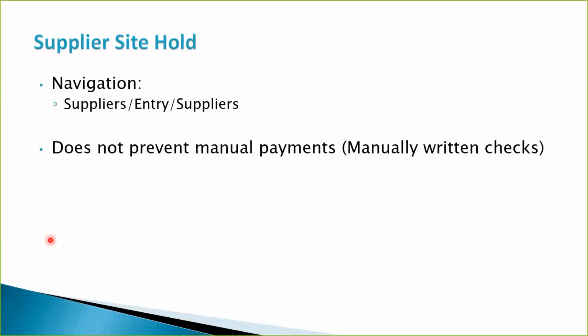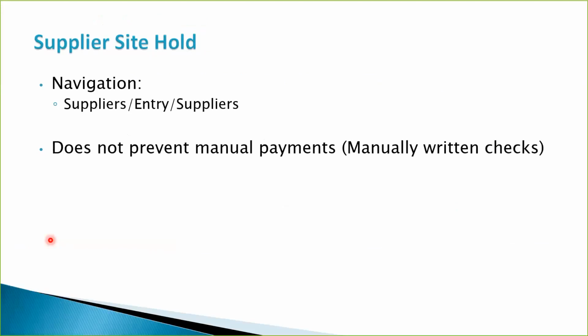You can also put a hold on all unvalidated invoices under that supplier site, or you can put a hold on unmatched invoices belonging to that supplier site. We also said that unmatched invoices refers to invoices which have not been matched to a purchase order, and therefore you have to have a purchasing module to have this matching feature.